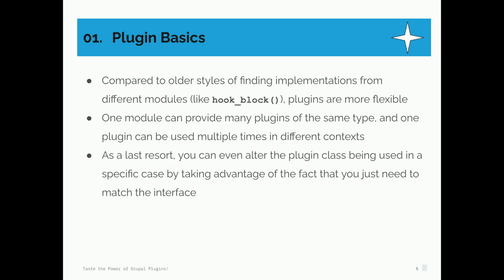You can take away options for plugins that you don't want to be there, or you could even substitute the class that's being used for a particular plugin if for some reason you needed to, because all that matters is the interface. The interface is the set of methods the plugin must implement. As long as you match the same interface, you could substitute your own version of that plugin, and no one would have to know, but now the behavior would be your custom behavior.